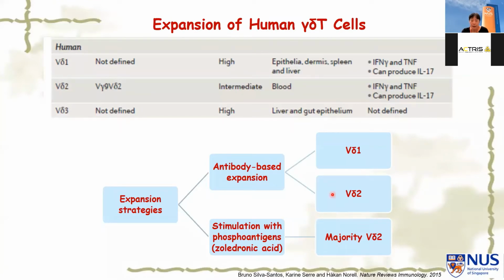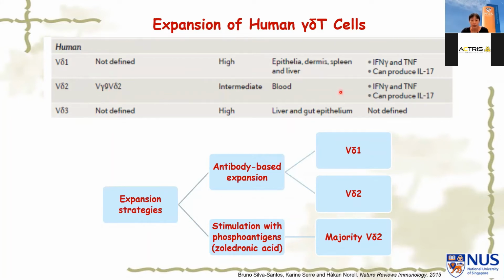Then we decided to confirm that in a human setting. The ones I've shown you are from mouse gamma delta T cells, because we wanted to do the in vivo studies with the mouse model. For human gamma delta T cells, there are mainly, as I said, the V delta 1 and V delta 2.